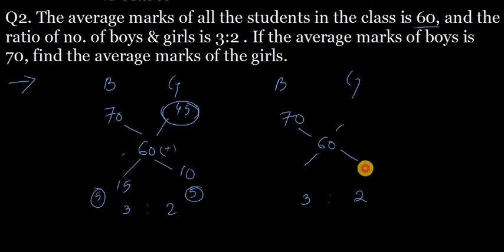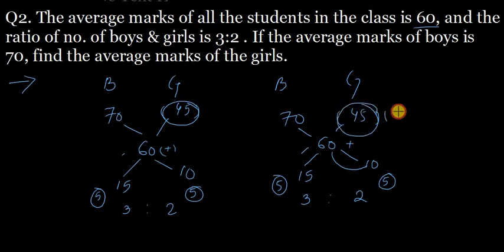The difference is 10, so 2 parts and 3 parts: divide 10 by 2, that is 5; 3 times 5 is 15. Then 60 minus 15 gives 45. This is the average marks of the girls.